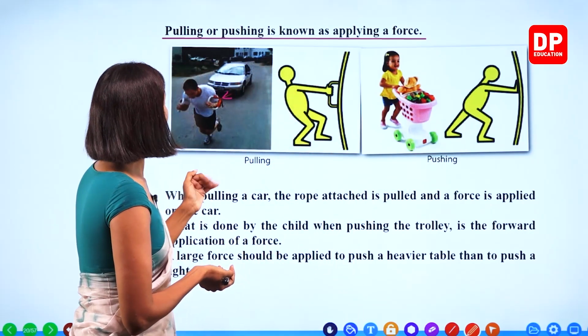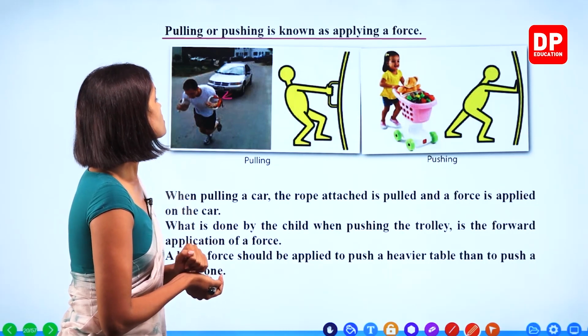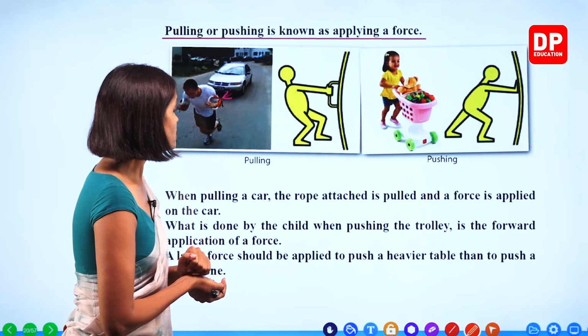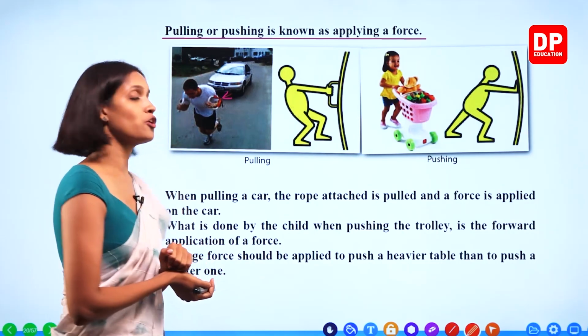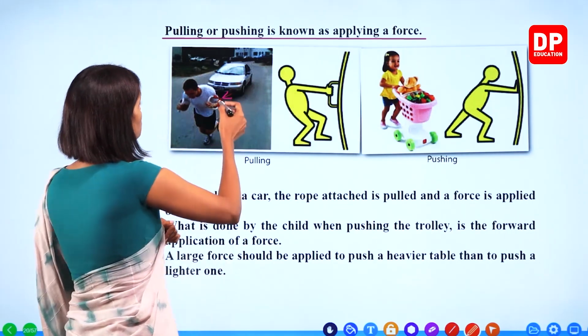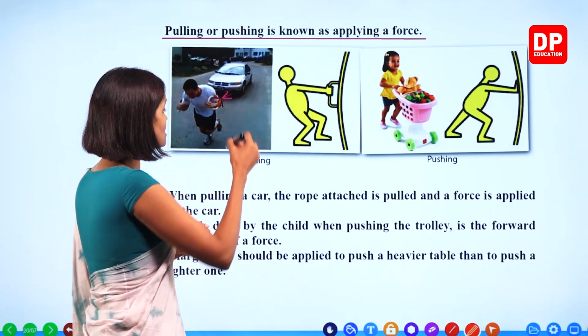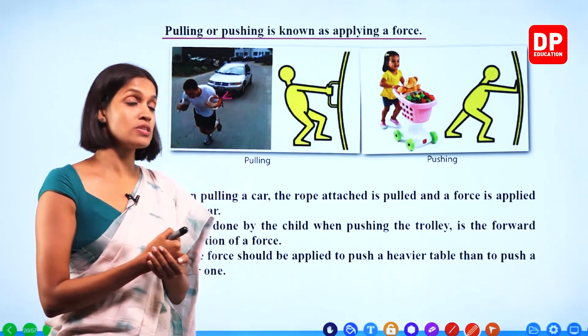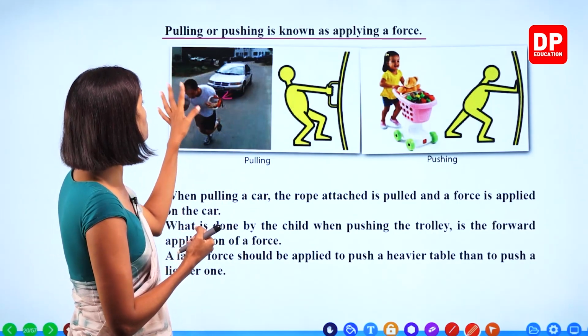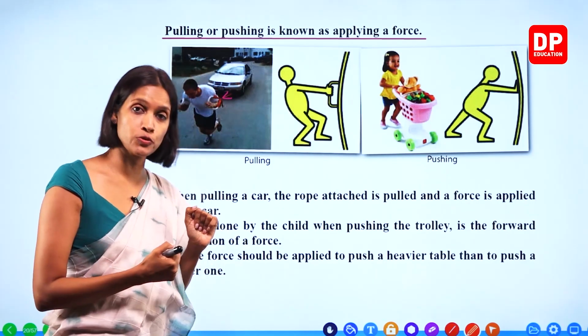When pulling a car, the rope attached is pulled and a force is applied on the car. The rope is attached to the car, and the person is pulling from these ropes. Therefore, in order to apply force on the car, ropes are used.